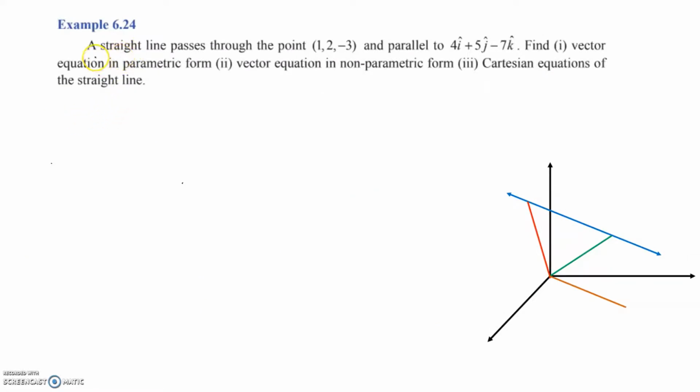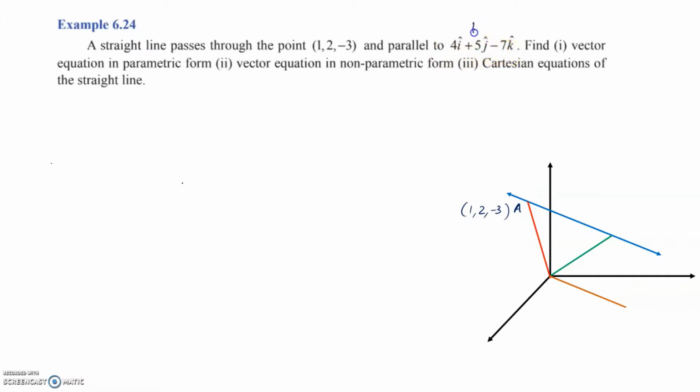The problem says a straight line passes through the point (1, 2, 3). So this is my straight line that I need to find. I'm going to define this as point A, and I'm going to call this (1, 2, minus 3), and parallel to 4i cap plus 5j cap minus 7k cap.